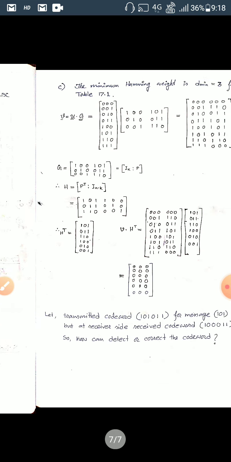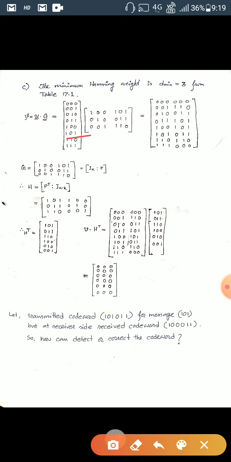Now lastly, for the second part, we also go through that particular question, that is the transmitted code word. As I said, this transmitted code word is 101011. That is the total 6-bit message. For the message 101, the code word will become 101011.